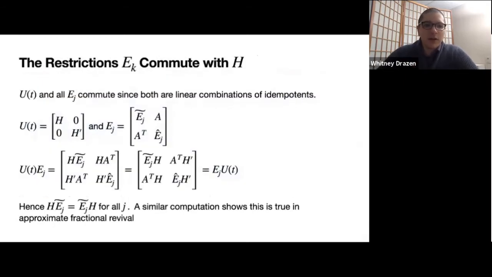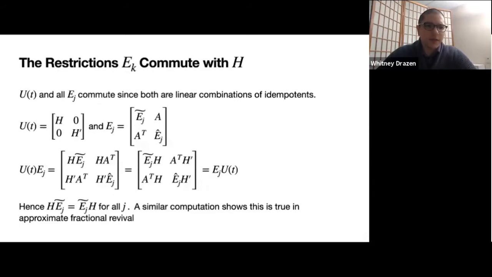One of the first necessary conditions on fractional revival is that the restrictions of our idempotents commute with H, that's the upper left-hand block indexed by the vertices in K. So if we define U of t in the block form, and we also define E sub j, some idempotent, in a block form, then U of t and E sub j commute with each other, since they're both linear combinations of the idempotents.